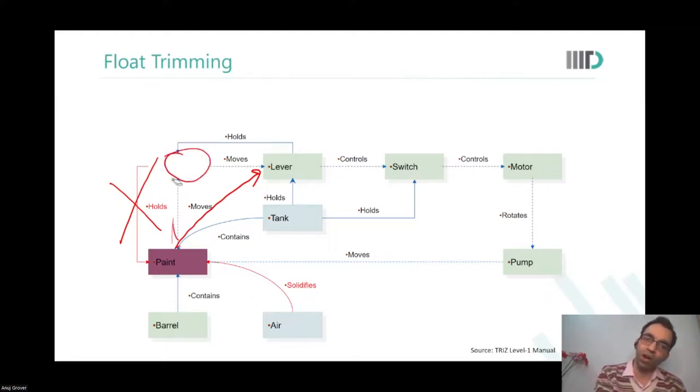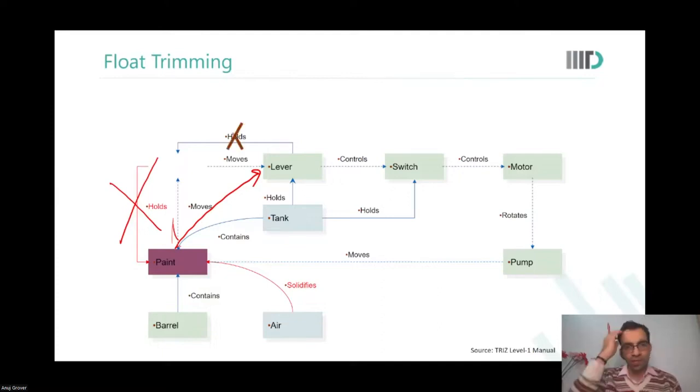Now, since the float is gone, can we think of ways in which paint can move the lever directly without the float? Can you think of some ways? So we can use the property of the weight of the paint. As the weight increases, something can be done. Likewise, the tank could be associated with the lever. Very good.